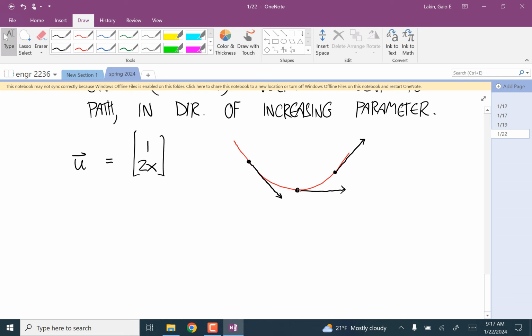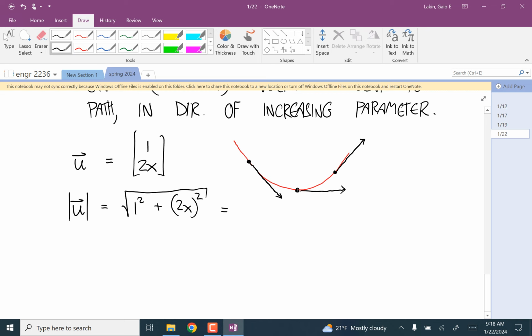Okay, so to make this a unit vector, we figure out the length, the magnitude. That's the square root of 1 squared plus 2x squared.